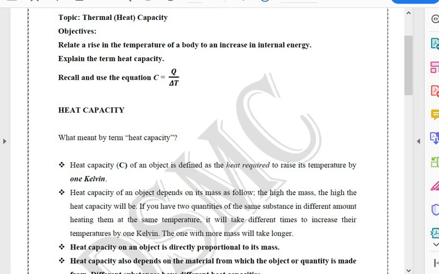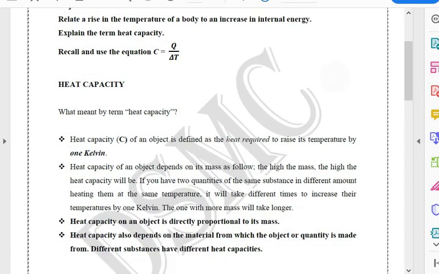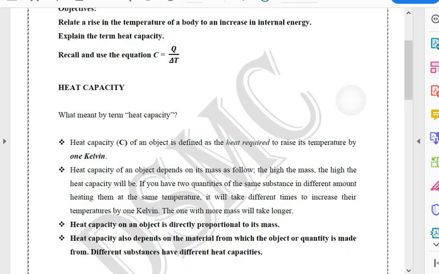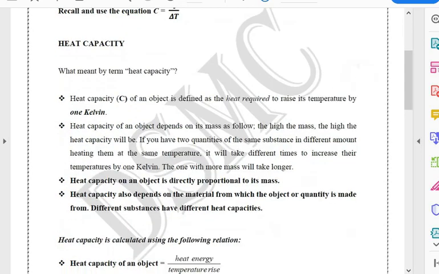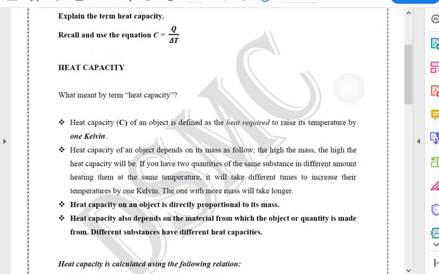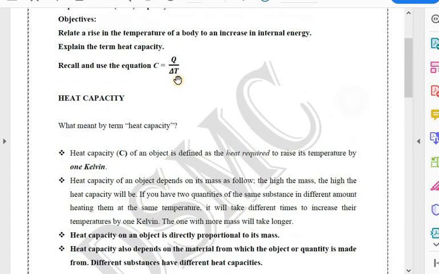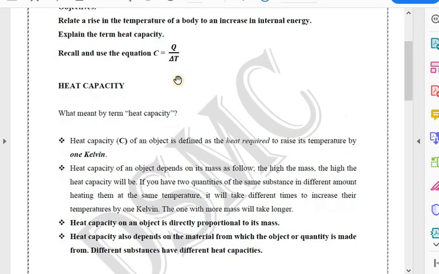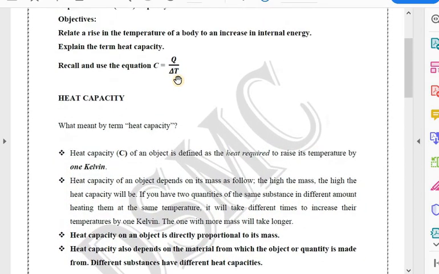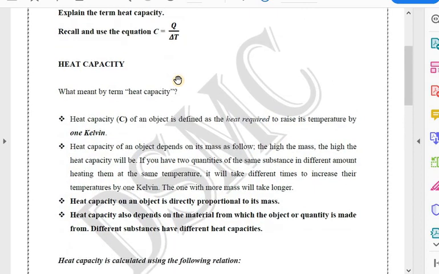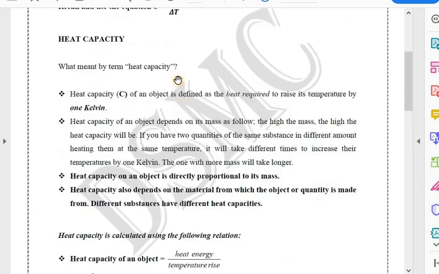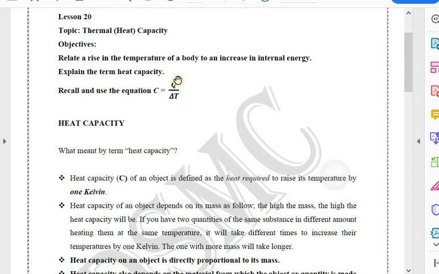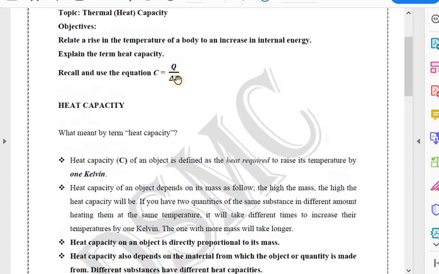And for us to do this, we use an equation. Recall and use the equation C equals Q over delta T, where C stands for heat capacity, delta T is the change in temperature, and Q is the amount of energy, or the amount of heat, applied to a body.